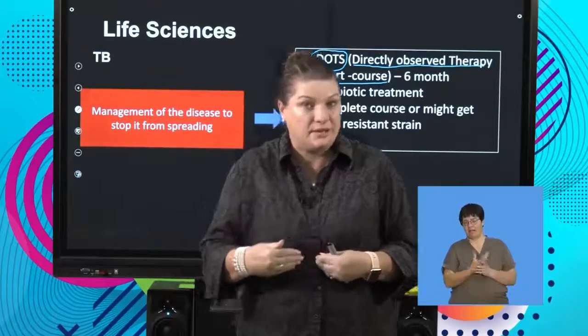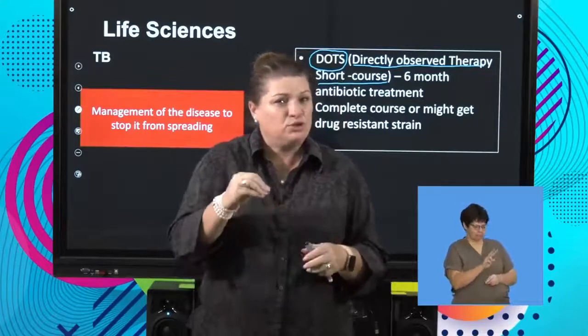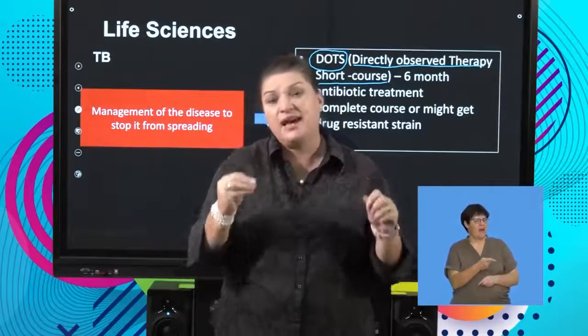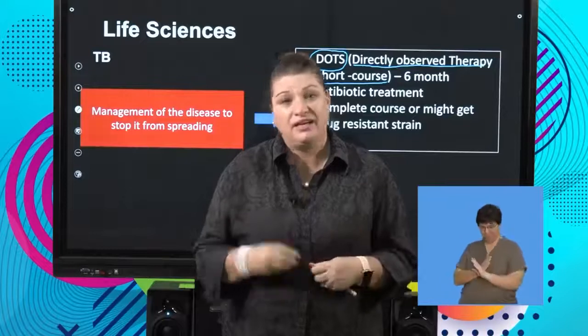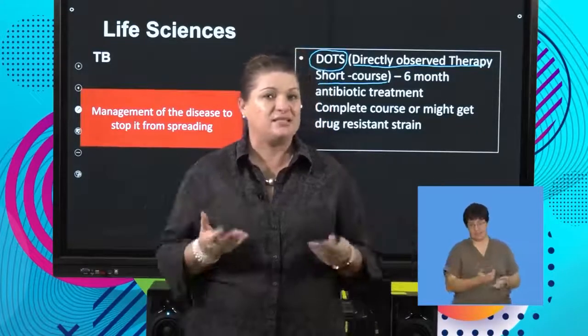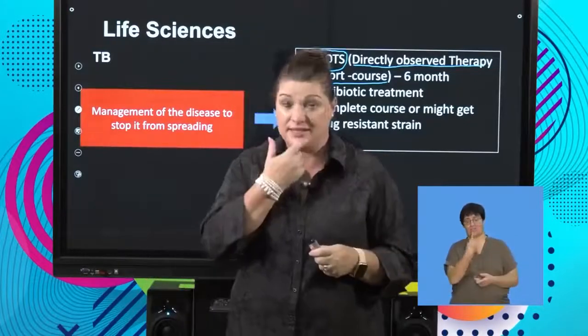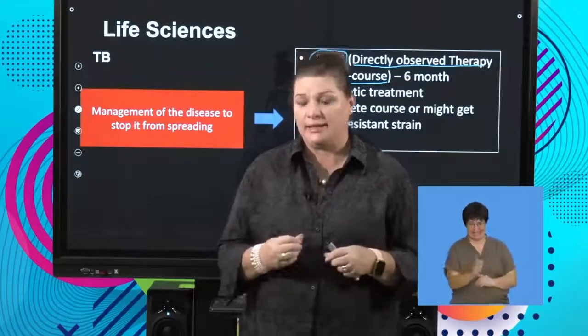And sometimes the bacteria could mutate, which means change, into bacteria that doesn't respond to any antibiotics. And that means that it's not going to be cured. Multiple drug-resistant TB, and you don't want to get that.